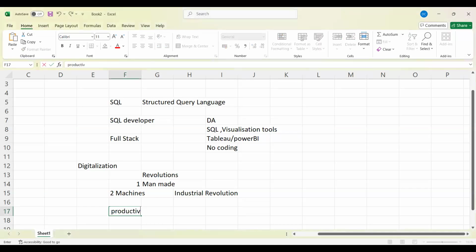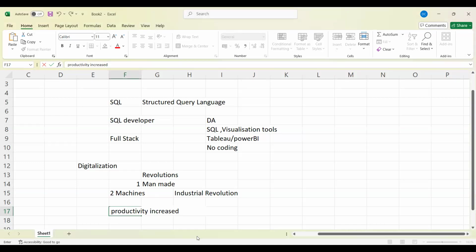If by using humans we could complete a certain amount of work daily, after the introduction of machines we finished the work much faster. So productivity increased, and we can reduce the manpower. Compared to manpower, productivity increased by using machines, and the efficiency of work increased and the work became more simplified.